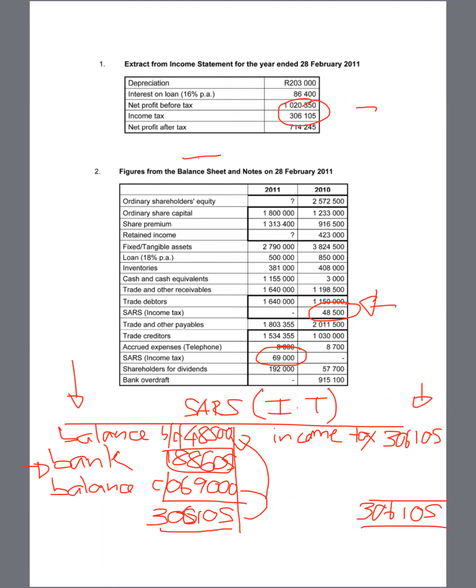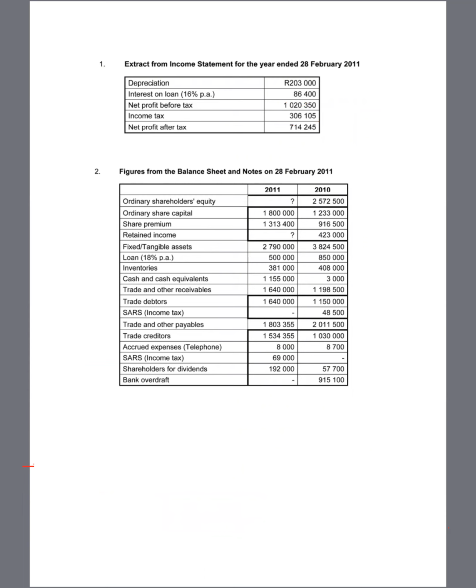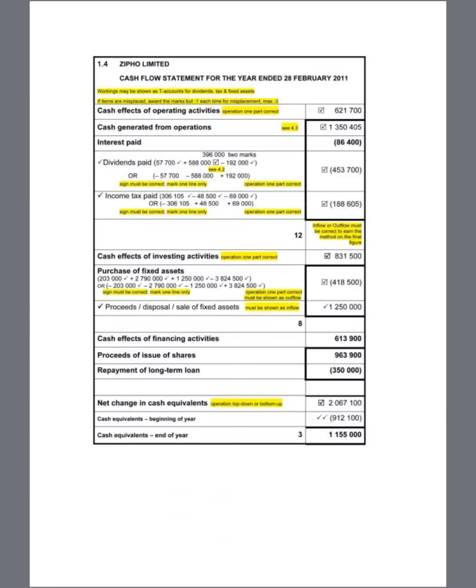So we take this 188,605 to our cash flow statement there. Do you see it? Yes. So now we are basically done with my cash effects on operating activities, right? Yes.